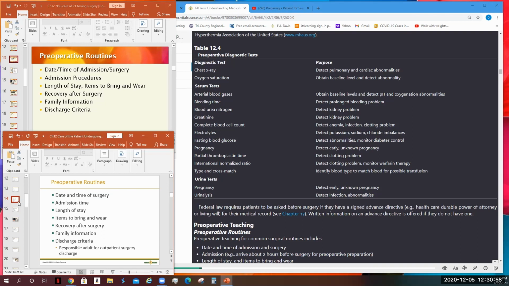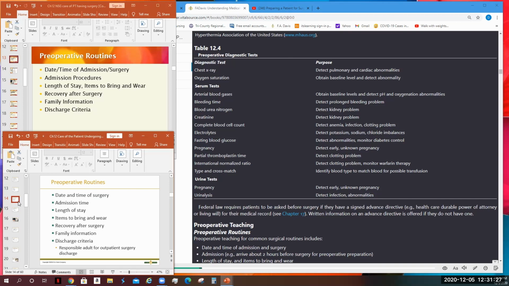A pregnancy test may be done to detect an early unknown pregnancy. A partial thromboplastin time will help detect a clotting problem, as will the INR, or International Normalized Ratio. So that detects a clotting problem, and also that's to monitor warfarin therapy.